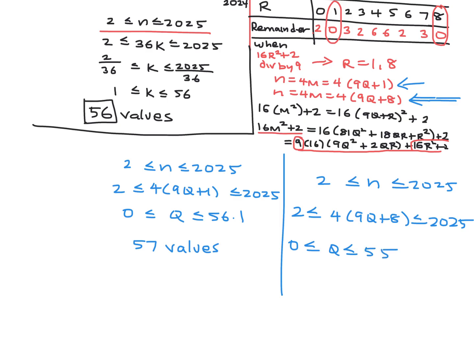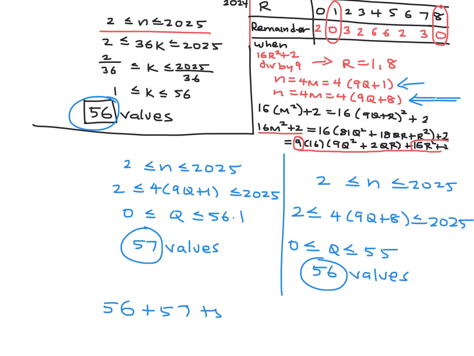And therefore, from 0 to 55 inclusive, that's 56 values. So the grand total, after all that, this 56, that 57, that 56, 56 plus 57 plus 56, is 169.